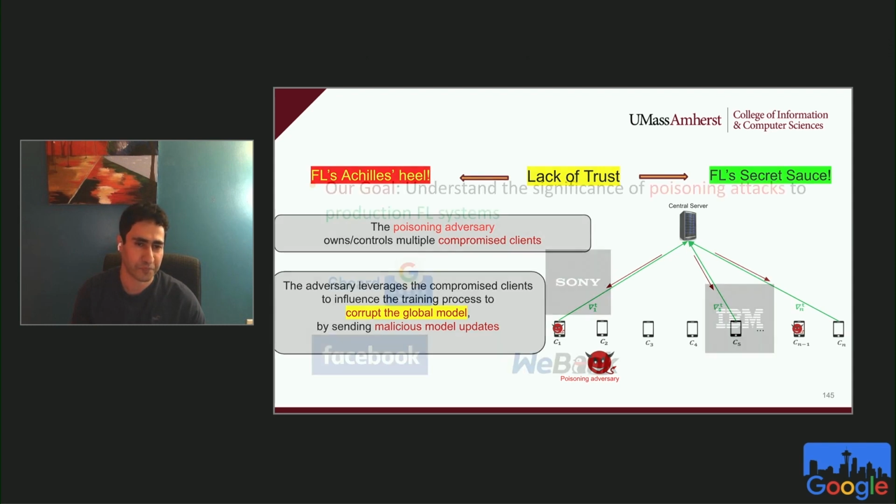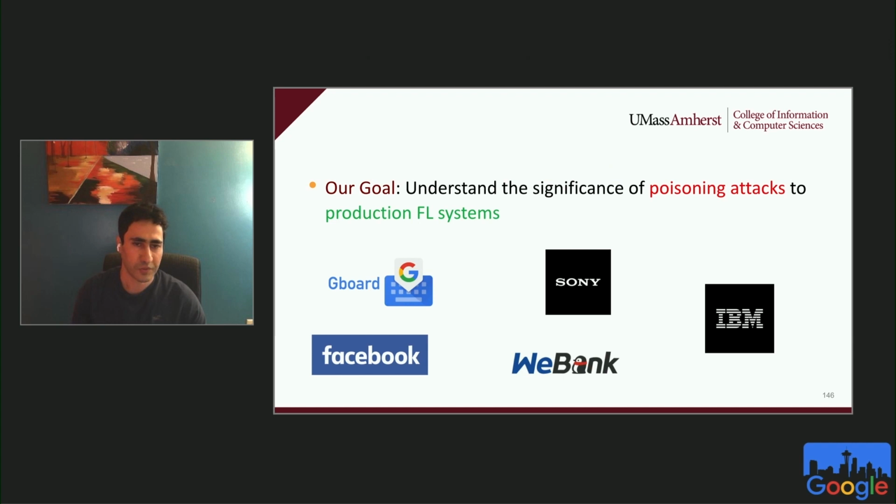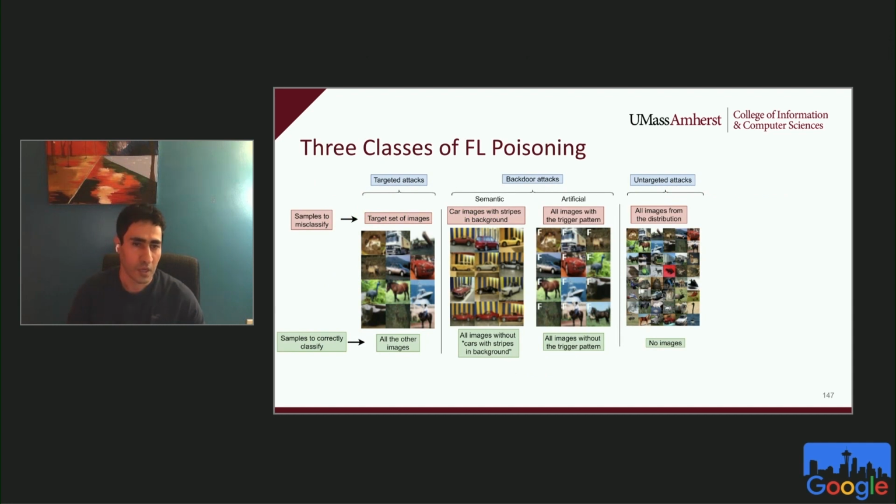So the ultimate goal of this study is to understand the significance and importance of poisoning attacks on production FL systems, so the FL systems that are being deployed in production. There are three variants of poisoning attacks when it comes to federated learning.